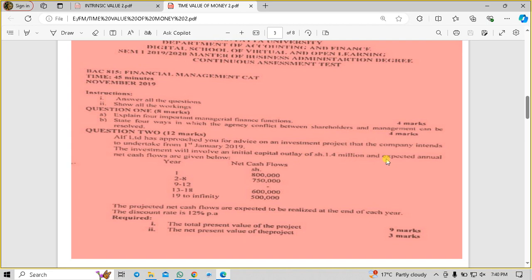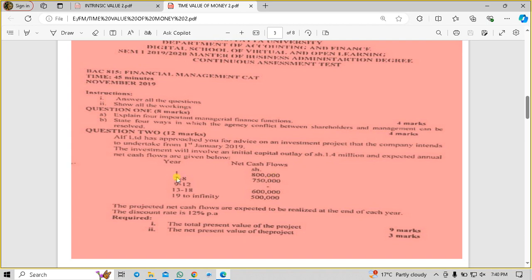Then we have the expected annual net cash flows. This means that in the first year, they're expecting a net cash flow of 800,000. So after they invest 1.4 million, in the first year they have an expectation of 800,000 shillings.